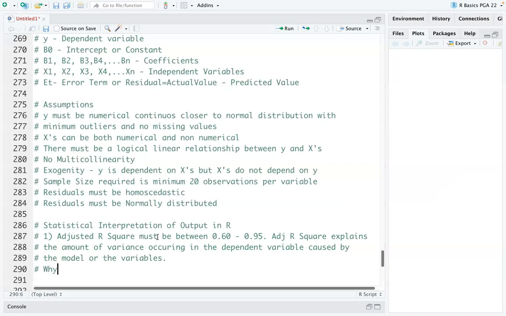Now, why adjusted R square? So we will get multiple R square also, which is what you get in Python, because adjusted R square responds to independent variable significance.